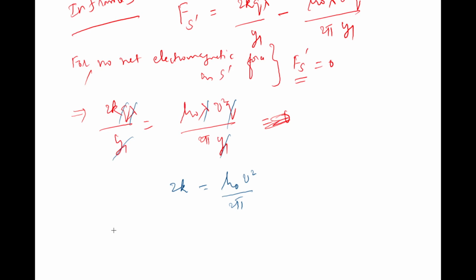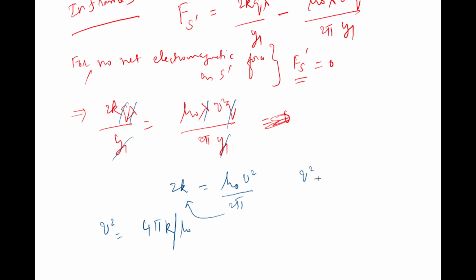Or, we want the velocity expression, right? So v squared is equal to 4 pi k, if I take this to the side, over mu naught. Mu naught will be in the denominator here.